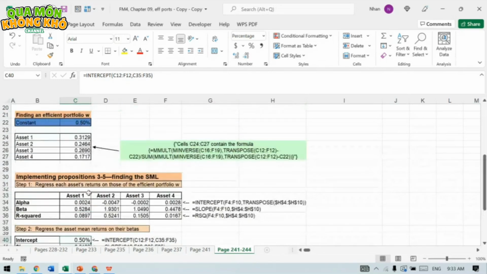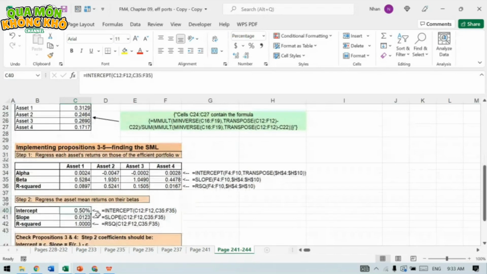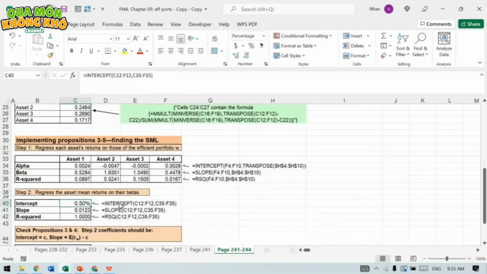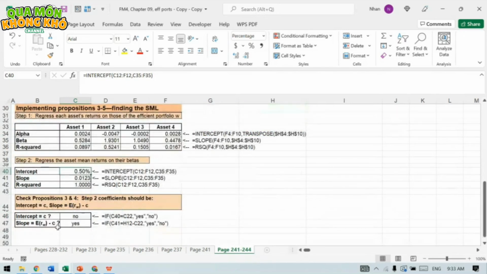Yes. The constant here and the intercept here, we can see they both equal 0.5%, but when you use the IF function, it's not the same anymore.